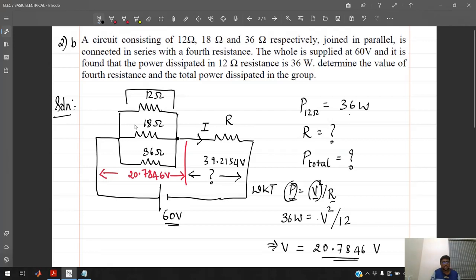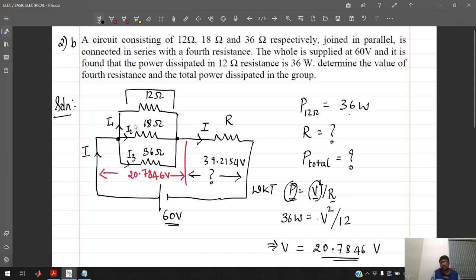Let me consider that the supply current is I. This I, when it enters this node, gets split up as I1, I2, I3 across the three resistors 12, 18 and 36. Now all the three will combine together, and then it will again flow. I1 plus I2 plus I3 will be equal to I.